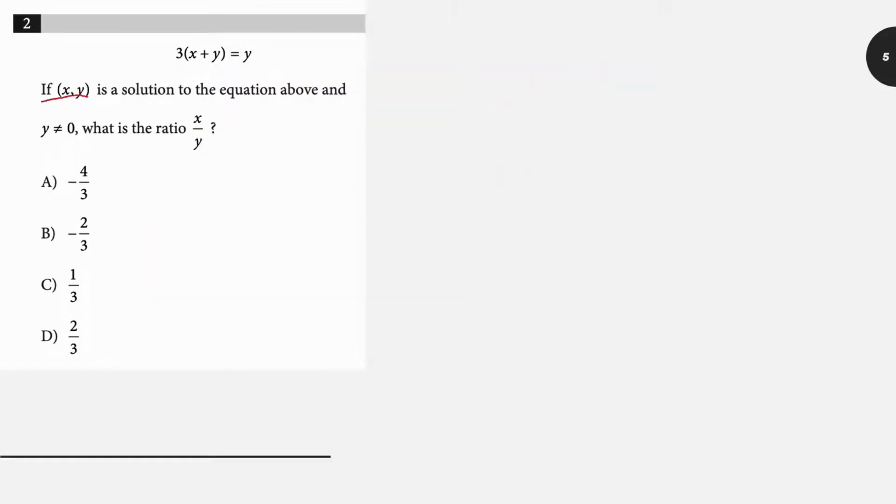If (x, y) is a solution to the equation above, and y is not equal to 0, what is the ratio of x over y? So you know that this is the equation, and let's start by giving a value to y, any value you want. I'm going to choose y equals 1. So 3x plus 1 equals 1. You want to distribute: 3x plus 3 equals 1, then subtract 3 on both sides.